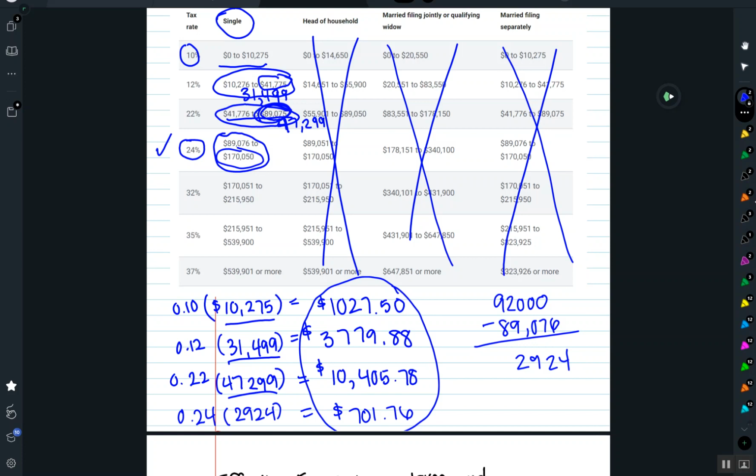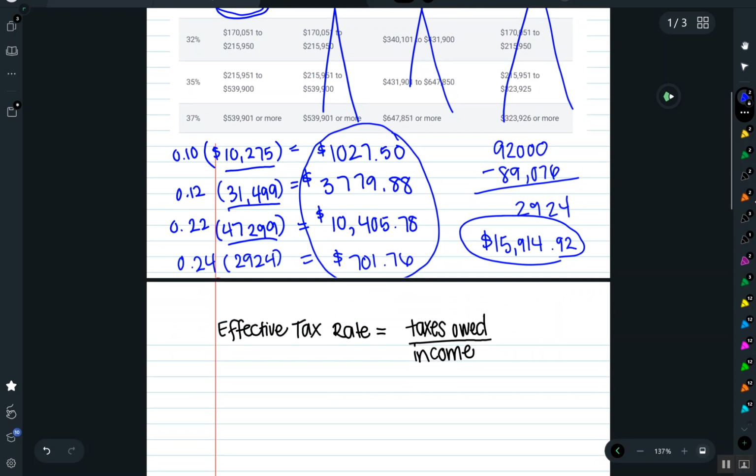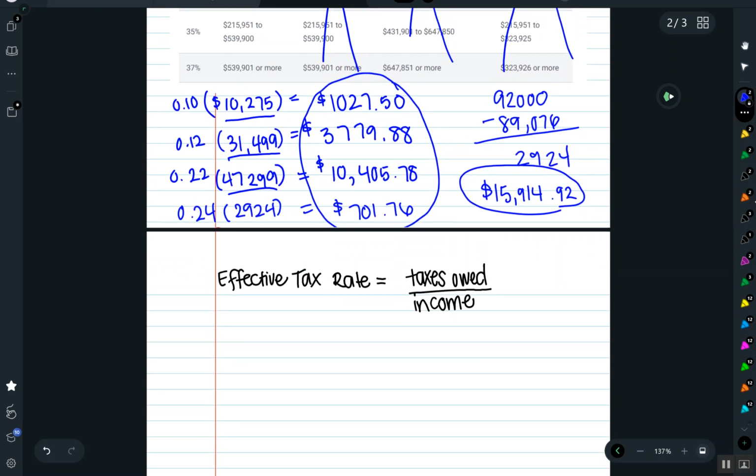So just add. So altogether, the total is $15,914.92 in taxes.